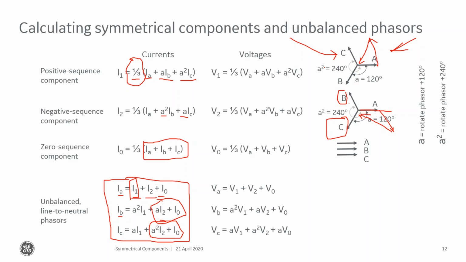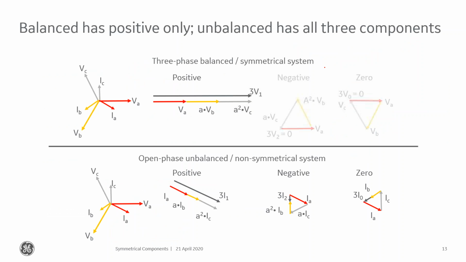So let's look at this a little bit more in detail on an actual system. There's a fade here, and I don't particularly like that fade, but let's look at this system and my quantities here. Here's my VA. Let's just look at my voltages.